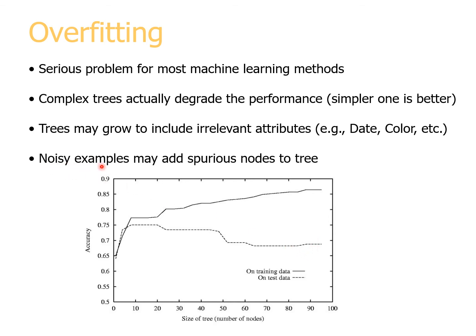That's another problem. If your tree grows very complex like this, you add irrelevant or useless attributes to the tree, and the data here are pretty much noisy. So you make decisions based on noisy examples. That's another reason why these complex trees actually degrade performance.